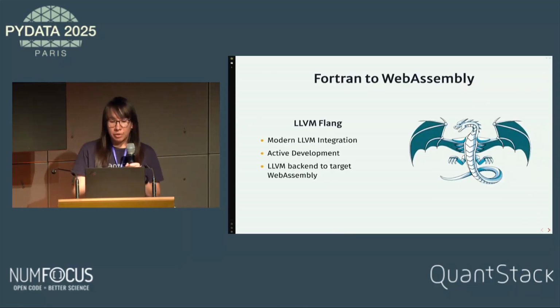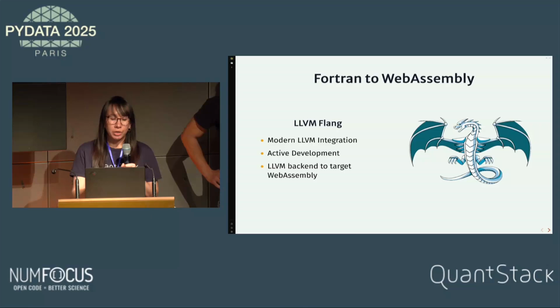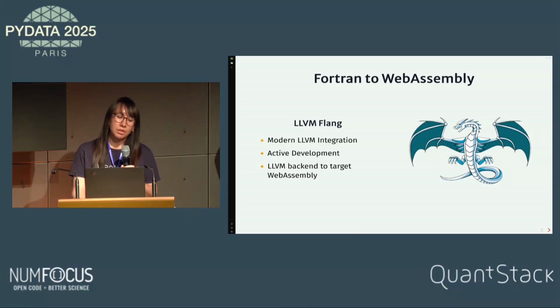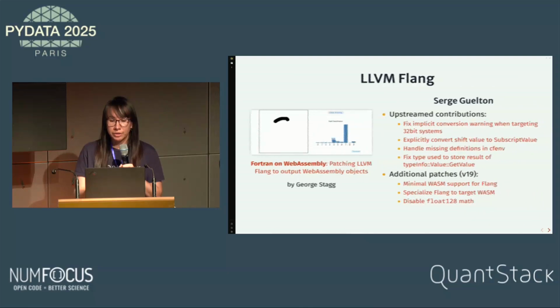And just like the WebR project, after trying a few Fortran compilers, we settled on LLVM Flang. It has a modern LLVM integration, and it is a very active project with a lot of contributors, so we thought it was a good option for our endeavors.